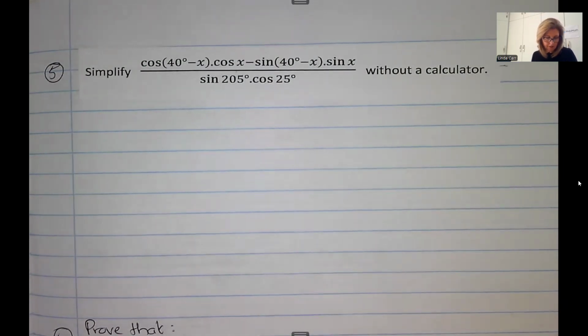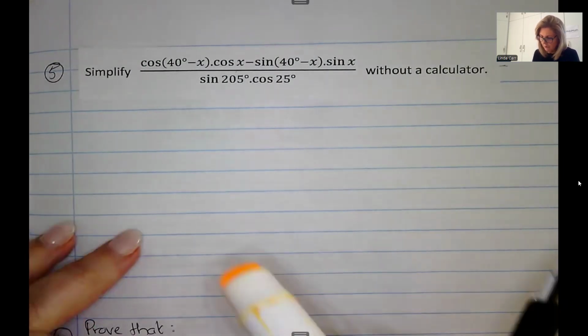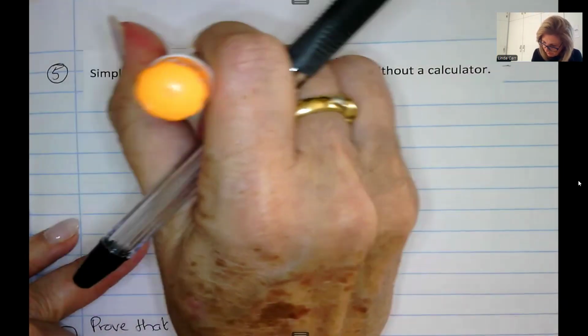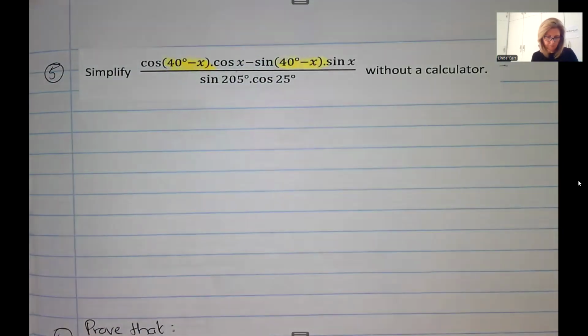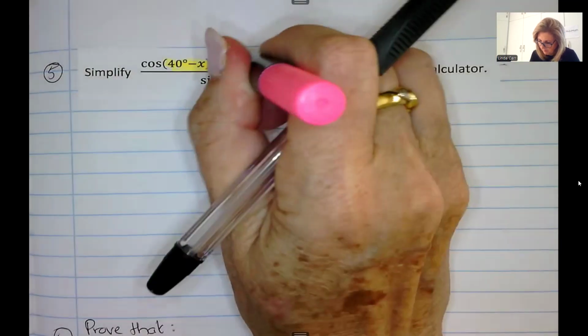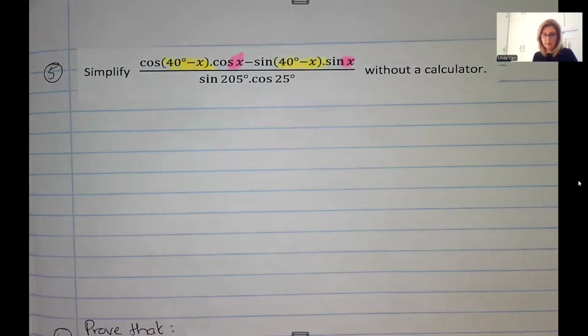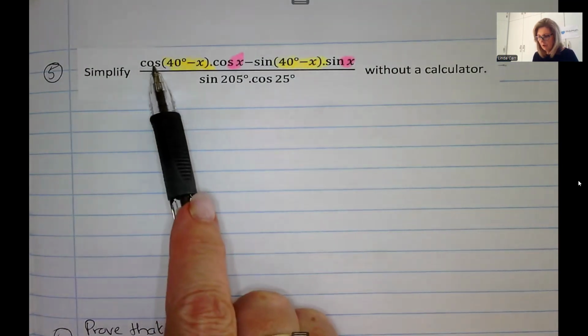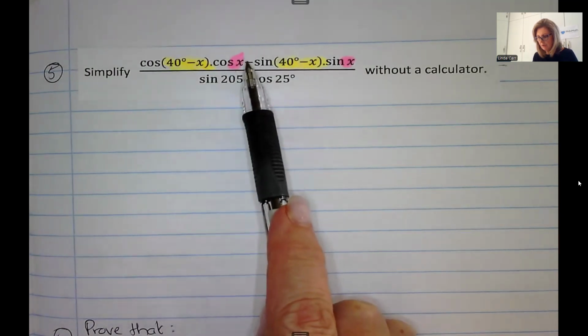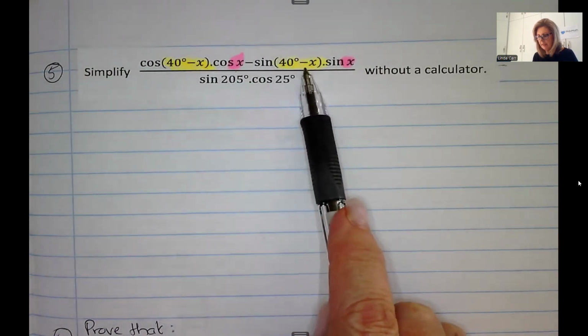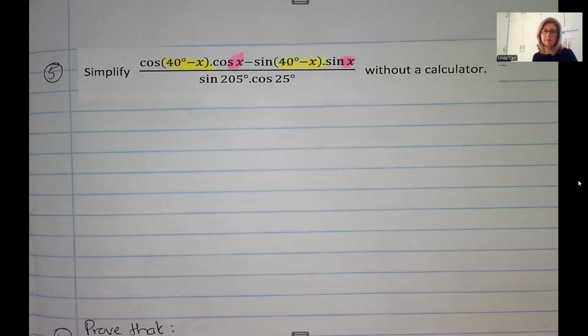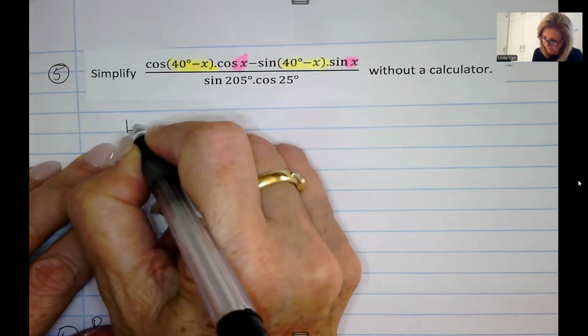If, however, you zoom out for a minute and you look for patterns, you notice that the angles are the same. And so it becomes cos alpha cos beta plus sine alpha sine beta, which is a much nicer approach for this question.